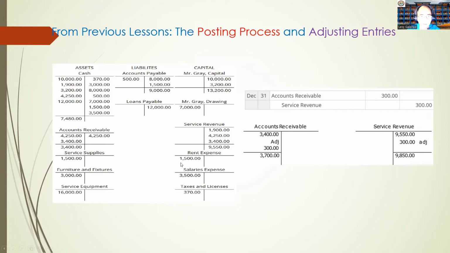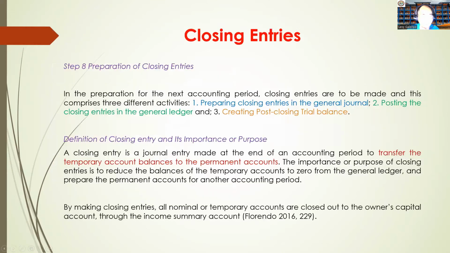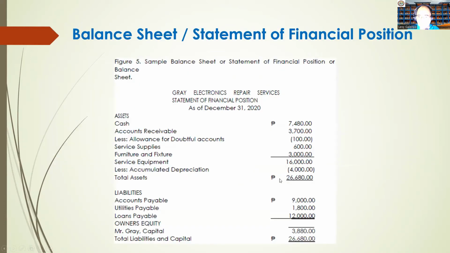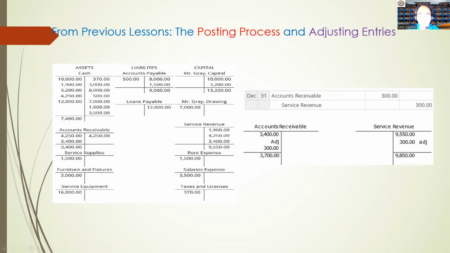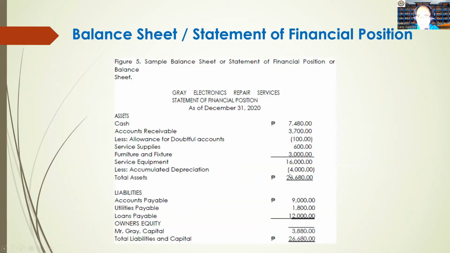And then, ganun din sa iba, no? Furnitures and fixtures, service equipment, tapos sa liabilities, okay, tingnan natin. So, dapat pareho yan dito sa makikita natin sa mga figure na ito. Accounts payable, 9,000. Ayan, tama yung nakalagay dito. Base dito sa nakikita natin sa balance sheet. And then, yung capital ay 3,880 na lang.